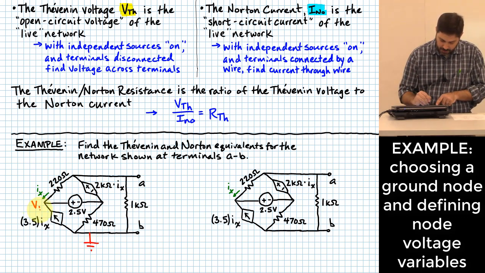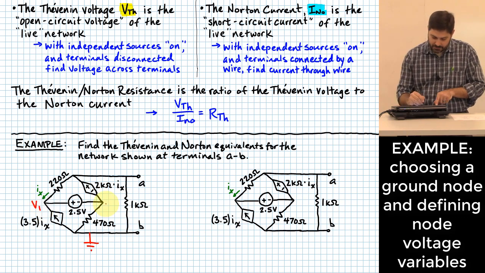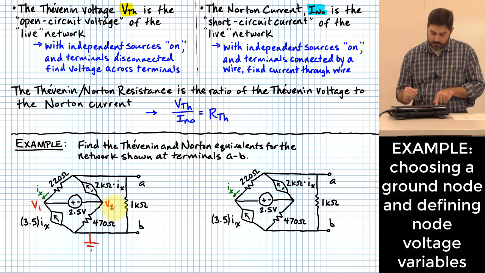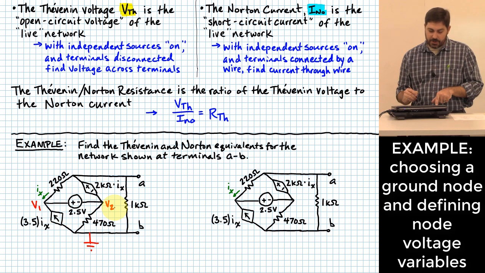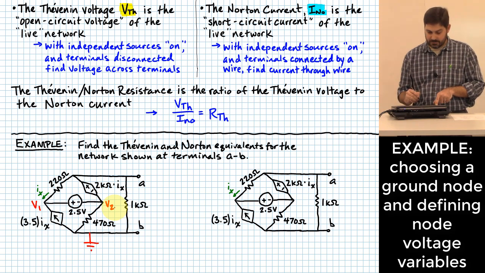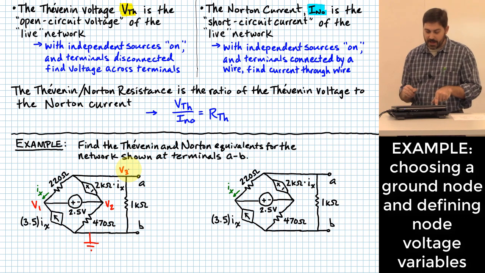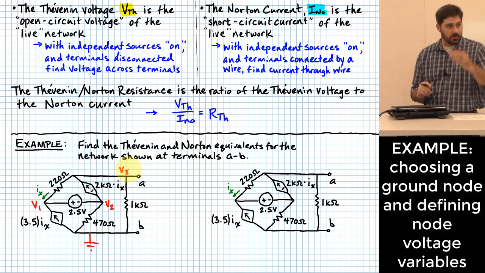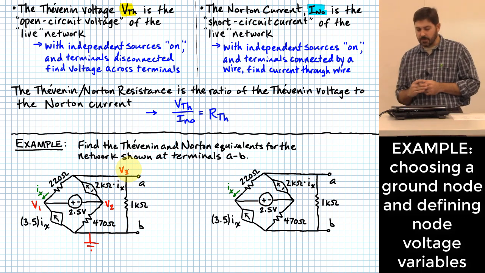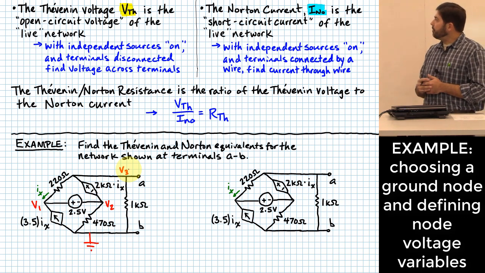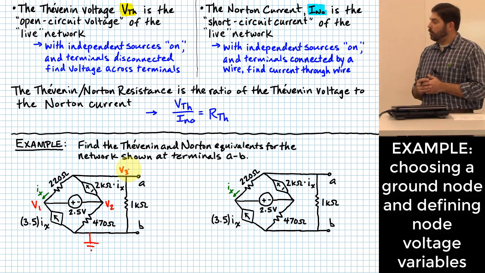We call this V1. Let me call this V2. Do I have any other nodes? There's a big node up here at the top that I will call V3. I'll call that voltage on that node V3. And those are all relative to the ground node. So that's kind of a starting point.